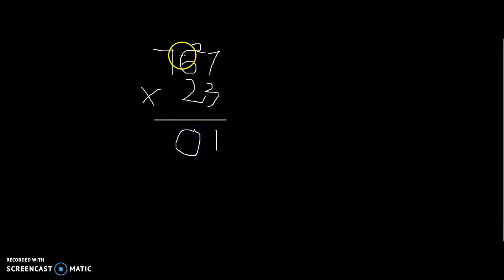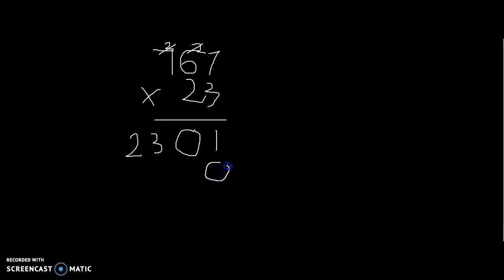So always the 10th digit always gets carried forward. So we put it on top of 7. We go 7 3s are 21, 22, 23. It'll become 2,301. Then from there we cross out the carry forwards just so you don't get confused.